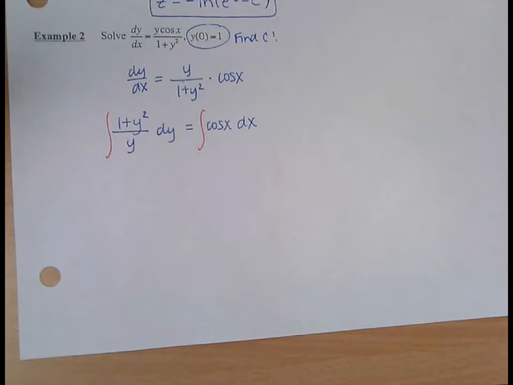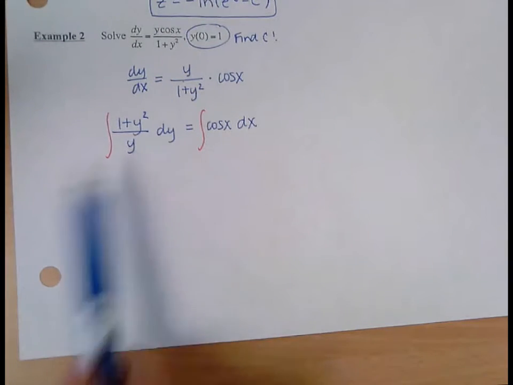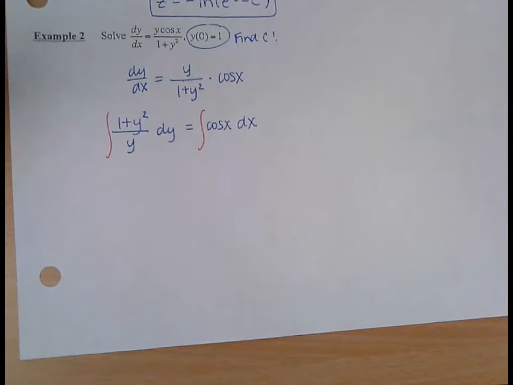So integrate both sides. How do we integrate 1 plus y squared over y? You could, but because then you have a product, it doesn't work to just take the antiderivative of each, like of a product, and have a product in your answer.